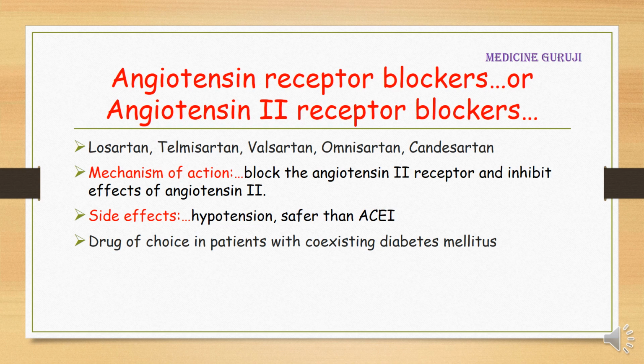Side effect, they are much safer than ACE inhibitors. Hypotension is a side effect. Drug of choice: again, they are the same drug of choice in patients with coexisting diabetes mellitus, but generally they are preferred when patient cannot tolerate ACE inhibitors.